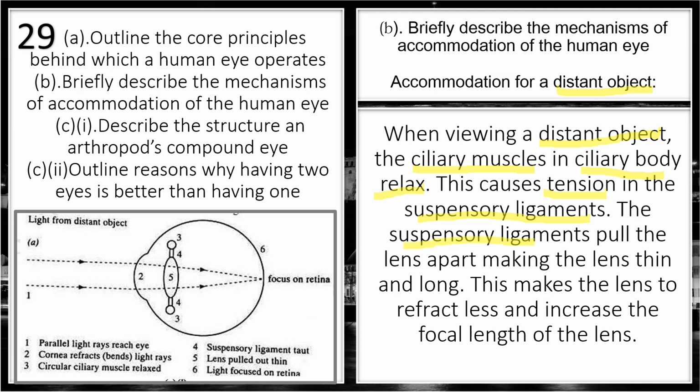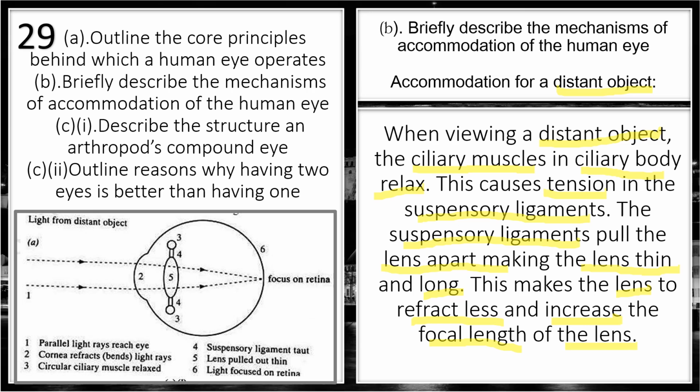The suspensory ligaments pull the lens apart, making the lens thin and long. This makes the lens refract less and increases the focal length of the lens.